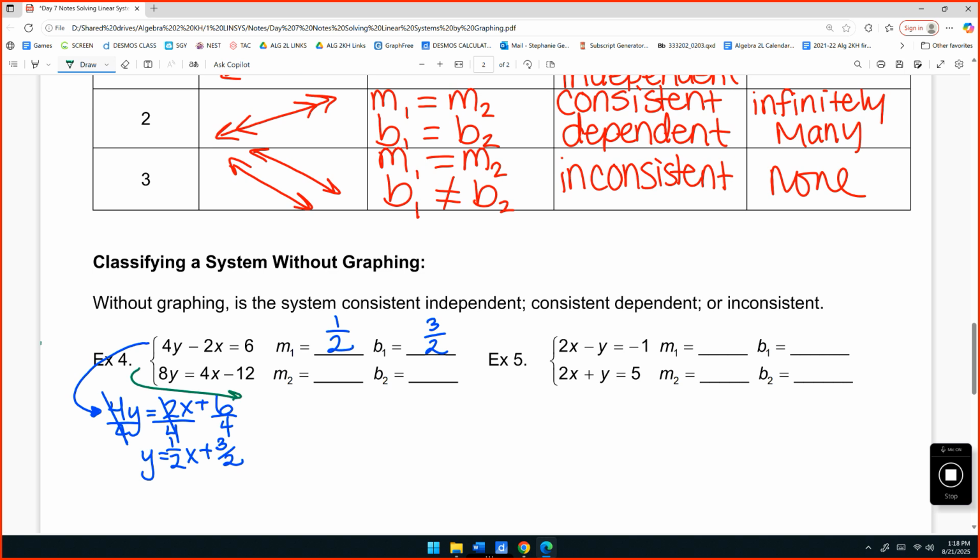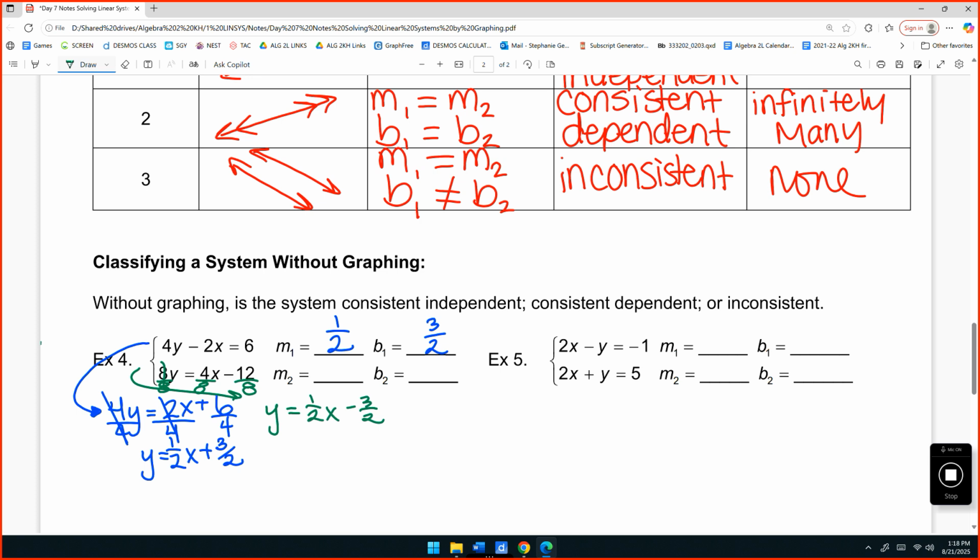Okay, and I can do that with the second equation. x is already living on the right side, so all I need to do here is divide everything by 8. So that one becomes y equals 4 over 8, which is 1/2 x, and then negative 12 over 8, you can divide those by 4, so minus 3 over 2.